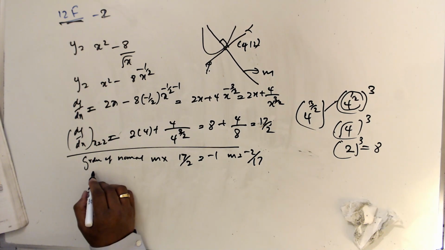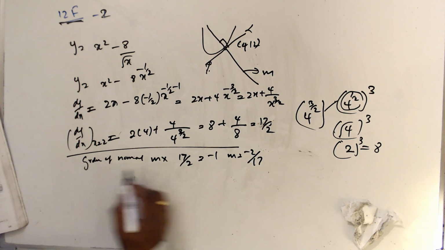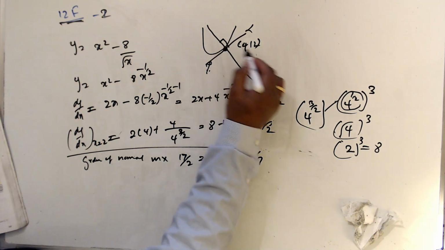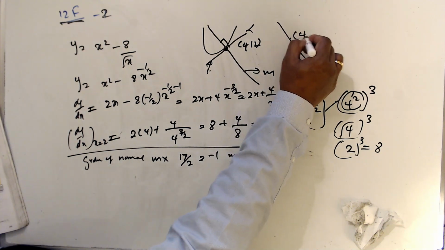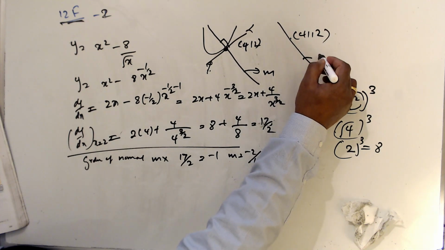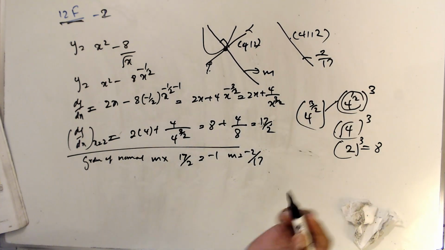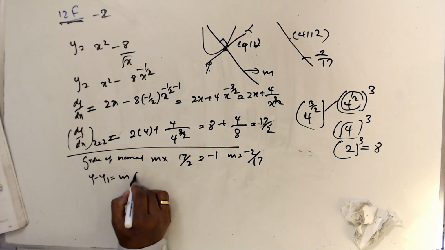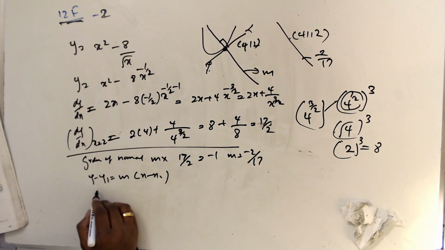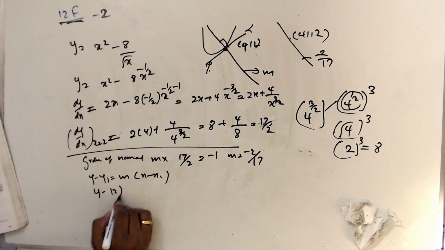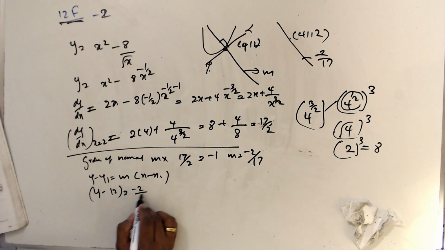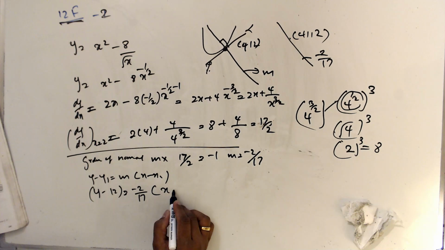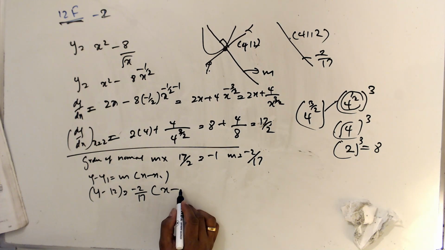Then y minus y1. Now we have the point (4, 12) and we have the gradient now, minus 2 over 17. We'll write the point now. y minus y1 equals m times x minus x1. y minus 12 equals minus 2 over 17 times x minus 4.